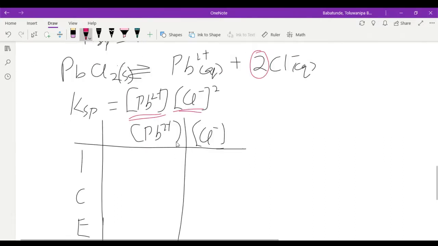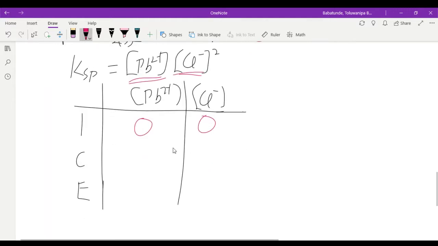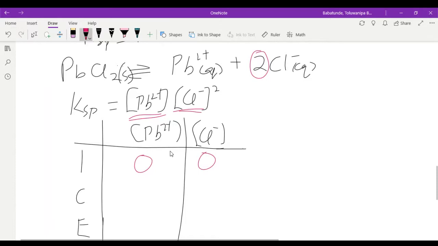Again, we're going to construct our ICE table for this. Initially, the concentration is 0, and the change is going to be, because remember, these are products, right? Products are positive. These are reactants.